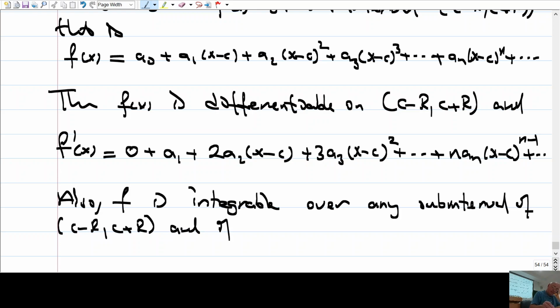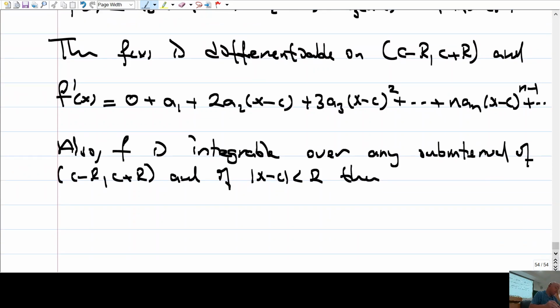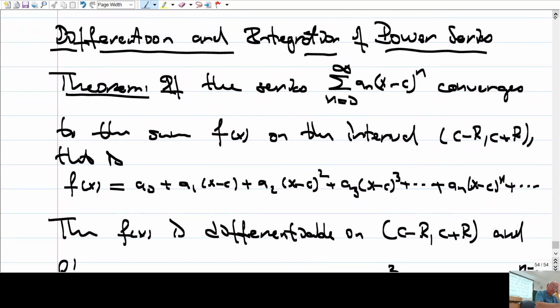and if |x minus c| is less than r, then we have the following: the integral from c to x of f(t) dt is nothing but the sum from 0 to infinity. So you just take the integral of this expression. What is the integral of this? You raise the power by 1 and divide by n plus 1.